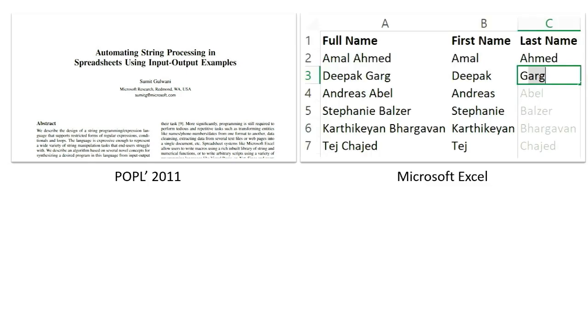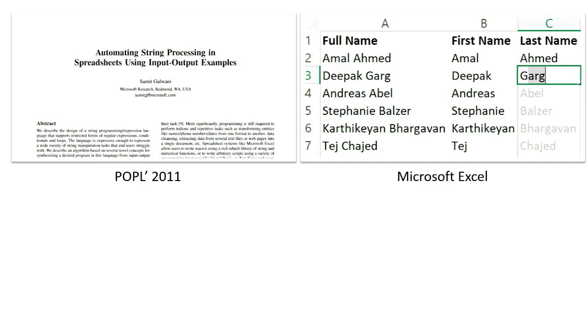And what it does, it's a synthesizer for string transformations. So you give an example, and the synthesizer learns a transformation in the background, a program that transforms the input into the output. And here is how it works in Microsoft Excel.